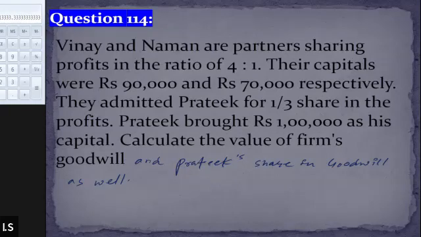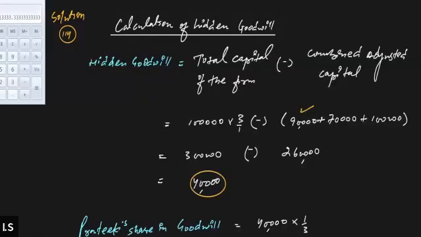Vinay's capital was 90,000, Naman's capital was 70,000. So their adjusted capital will also remain the same, because there is no reserve, profit or loss given in the question, right? So 90,000 plus 70,000 plus 1 lakh. By adding all this, we get the combined adjusted capital of all the partners, that will be 2,60,000.